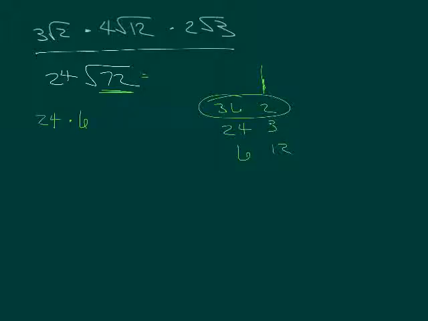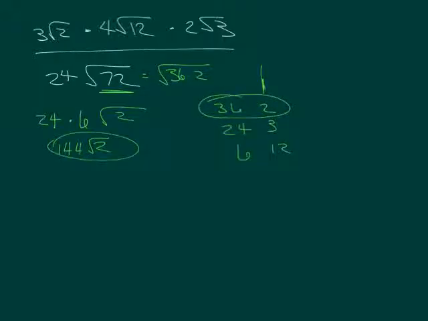This will change to square root of 36 times square root of 2, and the square root of 2 is as reduced as it can go, so that will stay there. So now I just have to take 24 times 6 is 144, square root of 2, and I'm done.